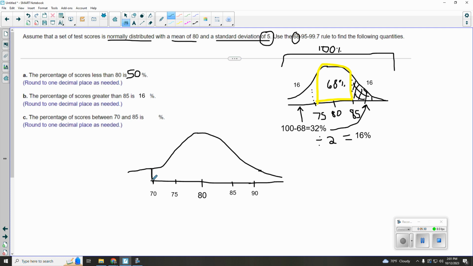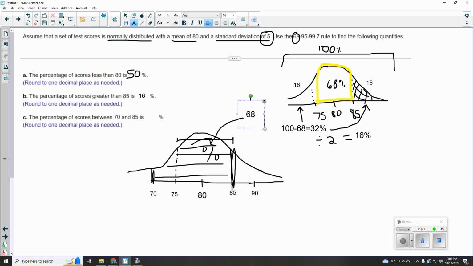So we need to cut it off here and here, which is not symmetric. So we're looking for this space in between. What percentage is this? To get that, I need to know, first of all, this value between here and here, we know based on the 68, 95, 99.7 rule, between one standard deviation, we have 68%.